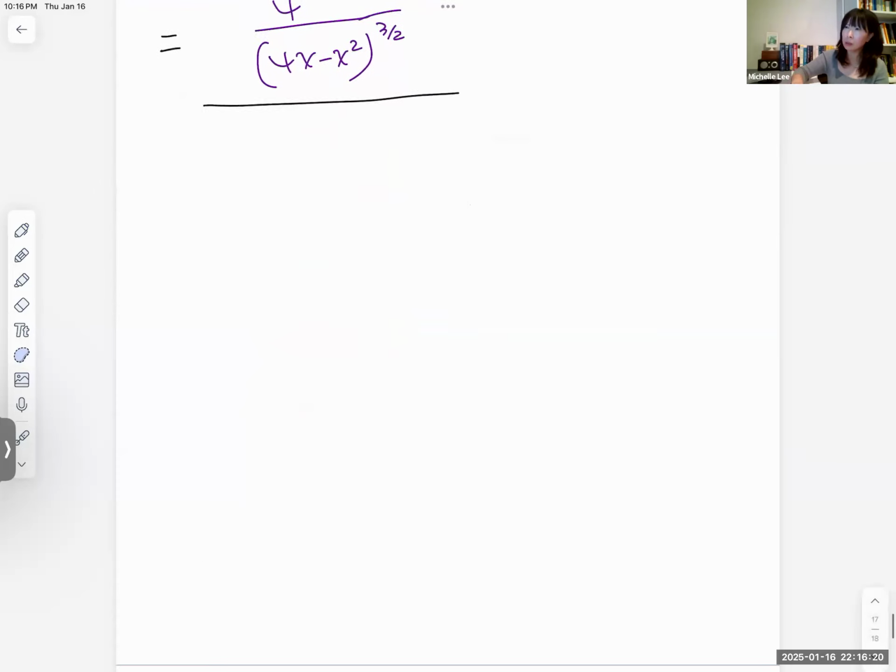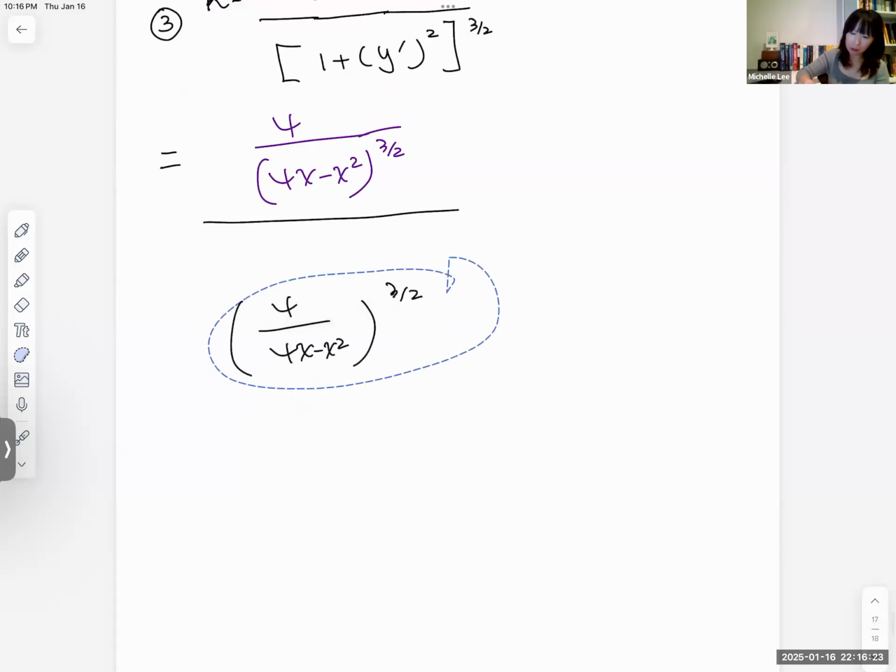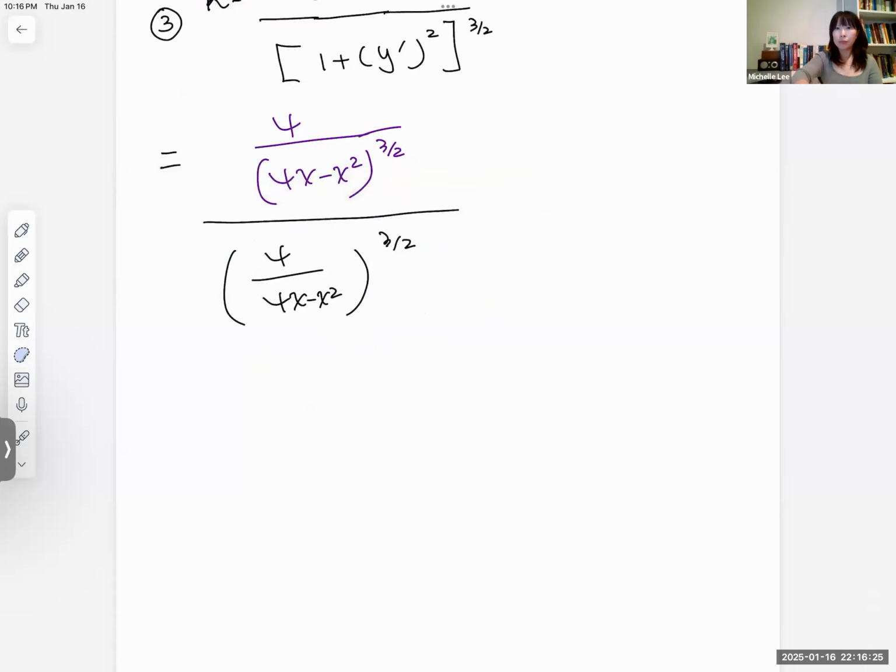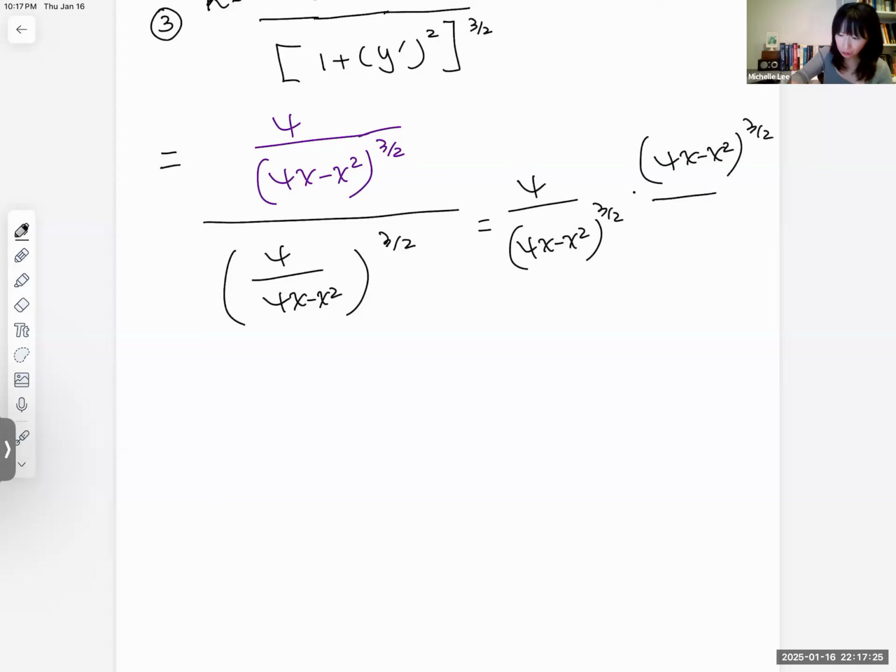Okay, so let's simplify. So we get 4 over 4x minus x squared to the 3/2. And then there is 4x minus x squared to the 3/2 over 4 to the 3/2, right?